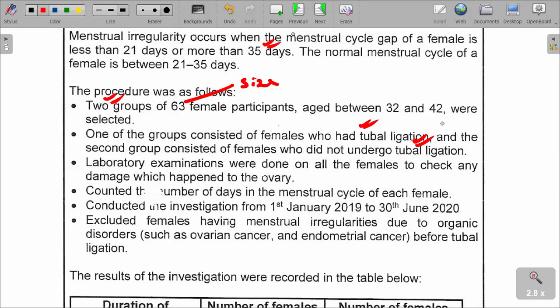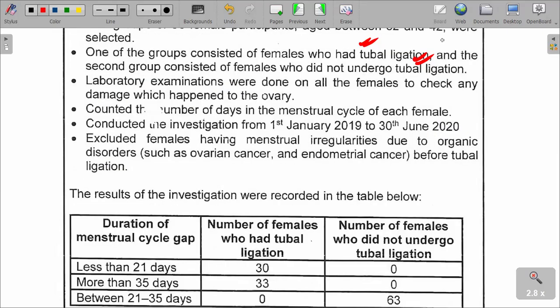For control of investigation, for the determination or comparisons of results, in order to make sure to what extent the experiment is affected. So laboratory examinations were done on all the females to check any damage to the ovary, and they counted the number of days in the menstrual cycle of each female.